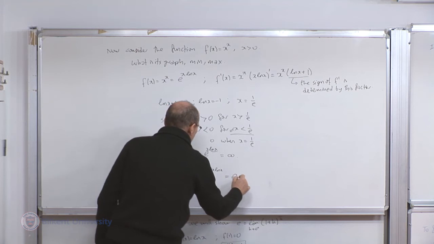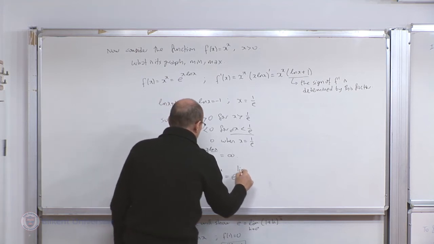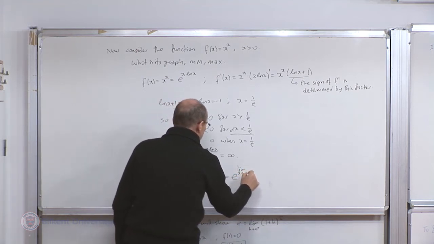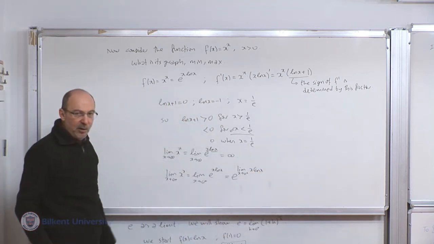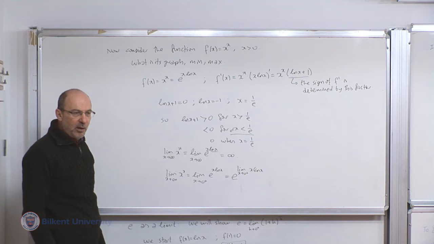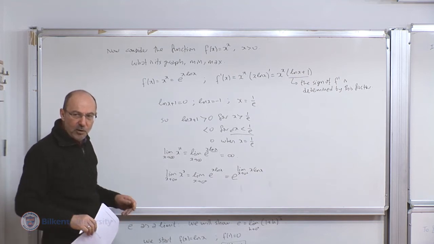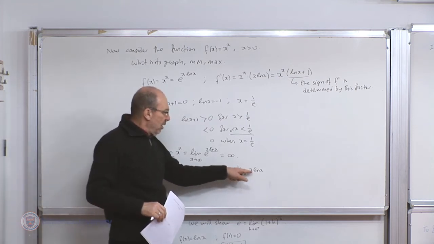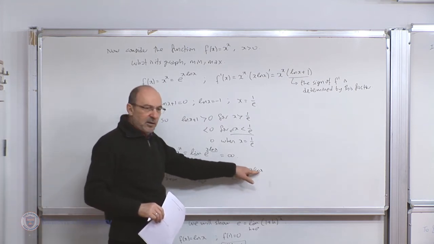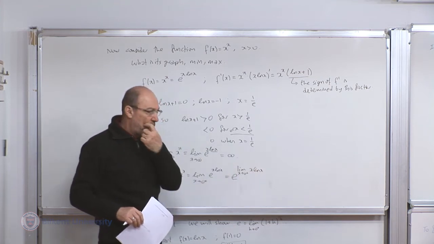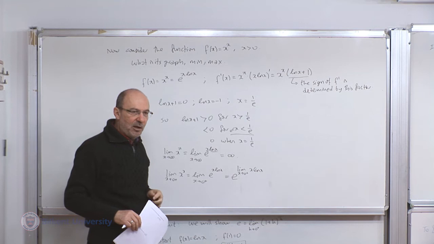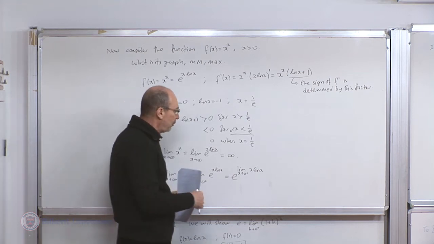So this is going to be e to the limit as x goes to 0 from the right of x ln x. Okay, so we will see on Friday when we do L'Hopital's rule that this limit is 0. Okay, so that's going to be a general rule. If a polynomial fights against a logarithm, polynomial wins. We will show this by L'Hopital's, but at this point let's just take it for granted.